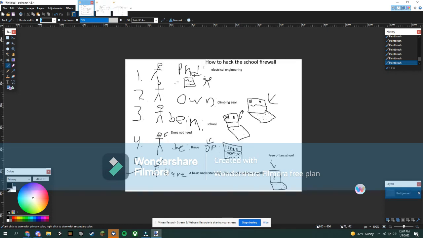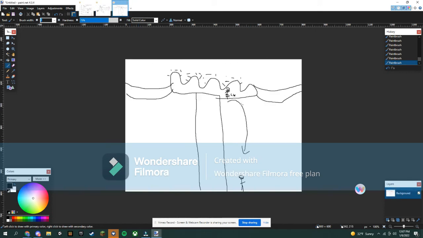Now, remember, person number 2 has a Chromebook that is connected, and now he has the climbing gear and he has the blueprint. So he is going to climb up there, and once he's climbed up there, that will leave everyone with everything they need to be up here.